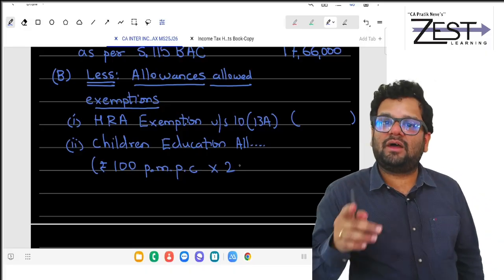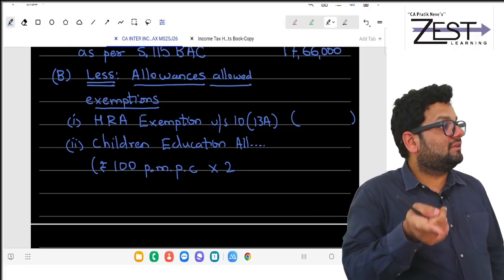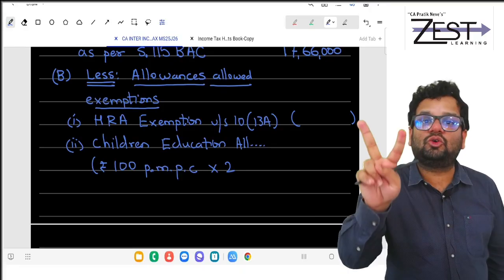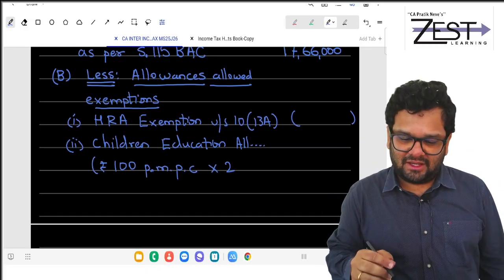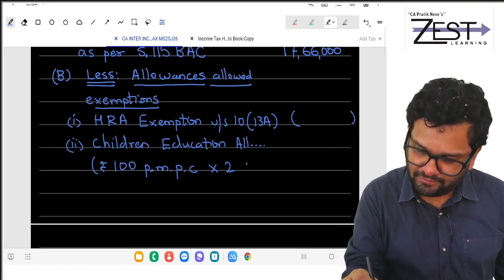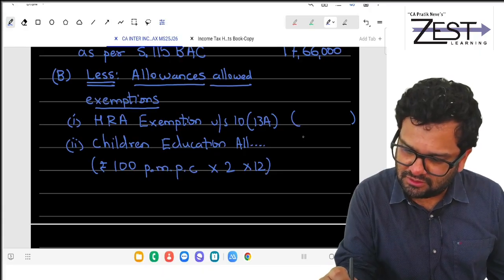If she had one, then into 1. If she had 3, then still into 2, because the exemption cannot exceed 2. Into 12.